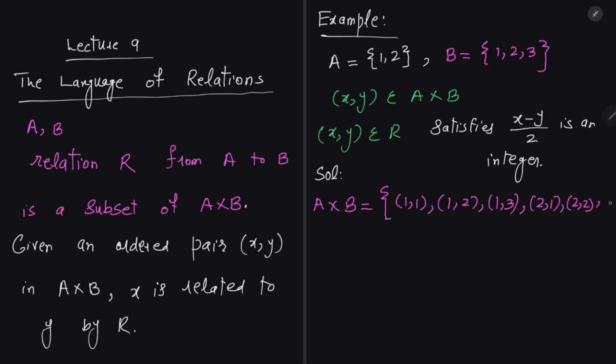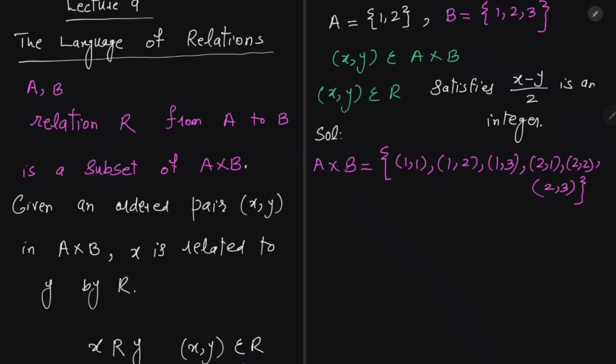These are all the elements of the Cartesian product. This is a bigger set. Now, what belongs to R, the relation?